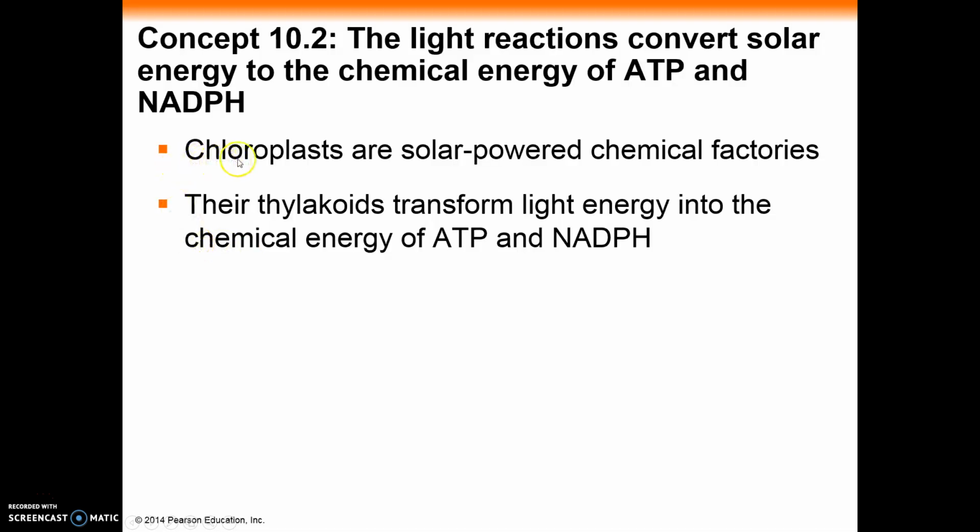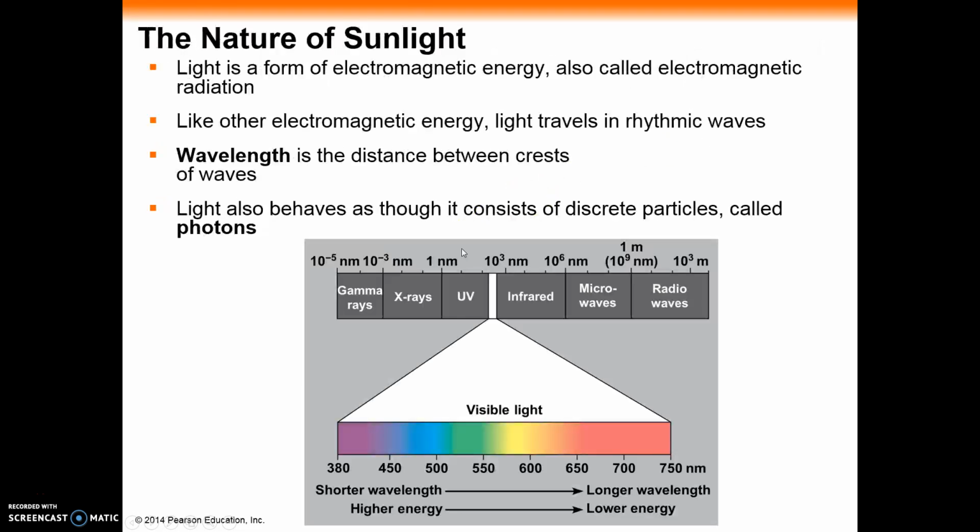So this is a solar-powered chemical factory of sorts. This is all dependent on sunlight. Again, the details aren't important here, but light is a spectrum that has a wavelength. Shorter wavelength has higher energy. Longer wavelength has lower energy.